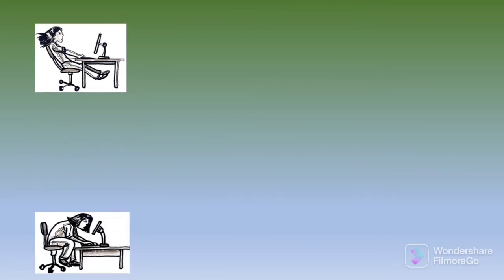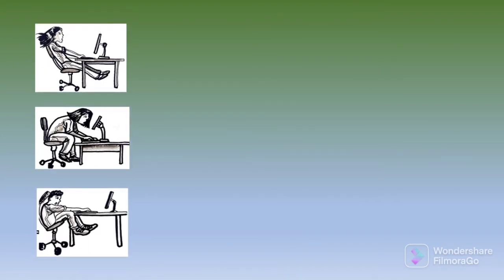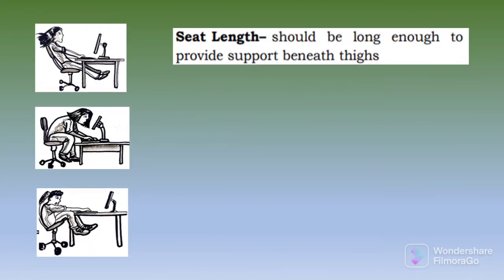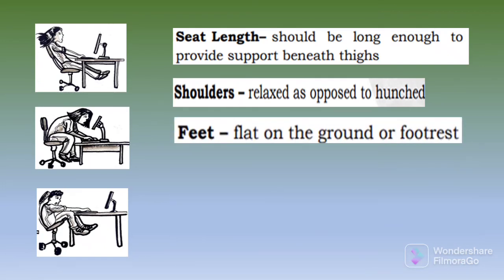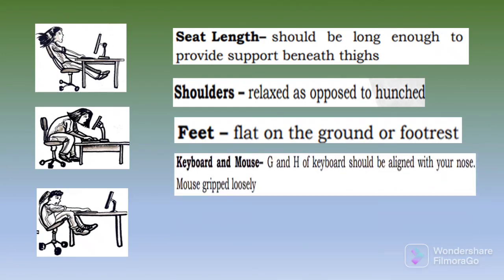For this position, the seat length should be long enough to provide support beneath thighs. The shoulders should be relaxed as opposed to hunchback. Your feet should be flat on the ground or footrest. Your keyboard and mouse: G and H of keyboard should be aligned with your nose.